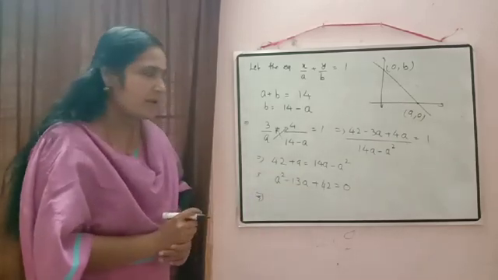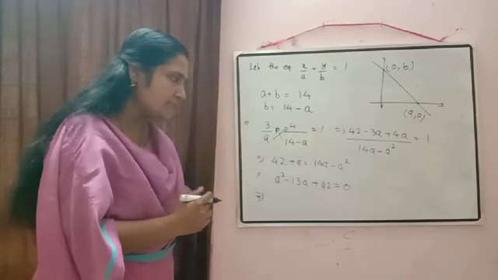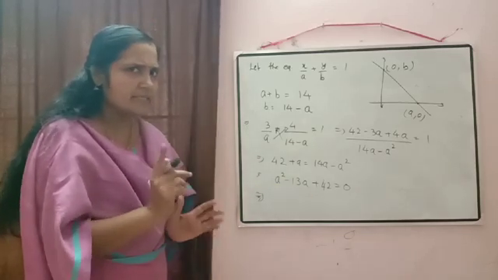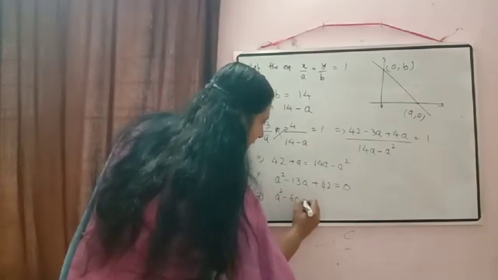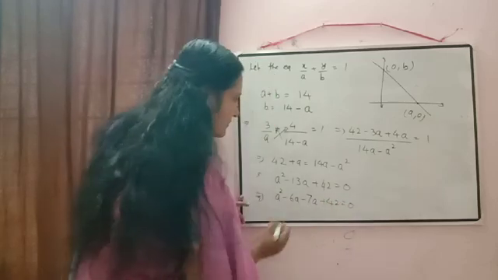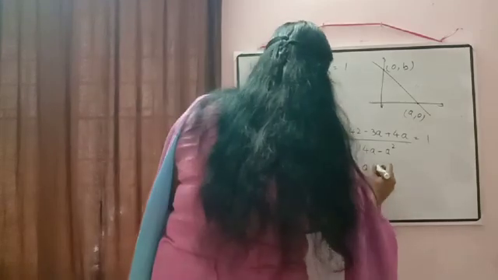How we will simplify it? Find out two numbers. Sum should be equal to minus 13 and product should be equal to 42. 7 and 6. So we will write down here a square minus 6a minus 7a plus 42 is equal to 0.